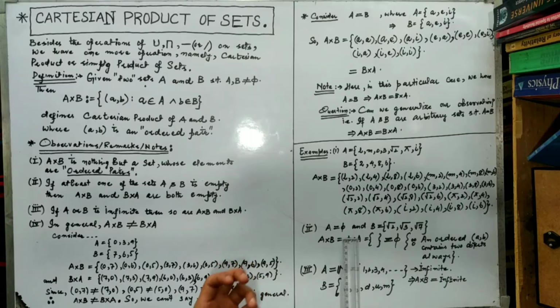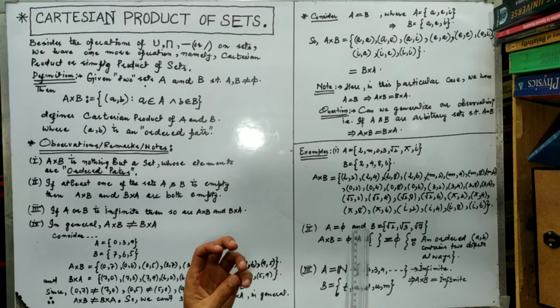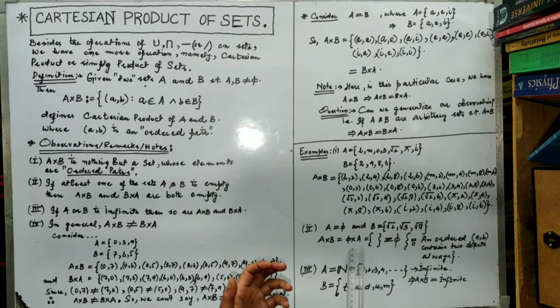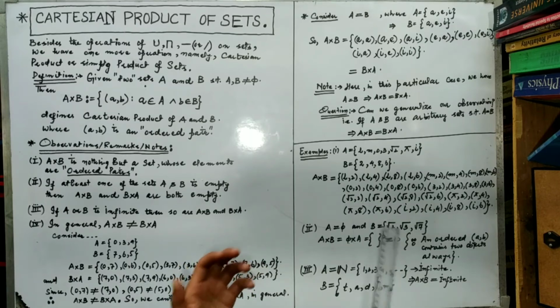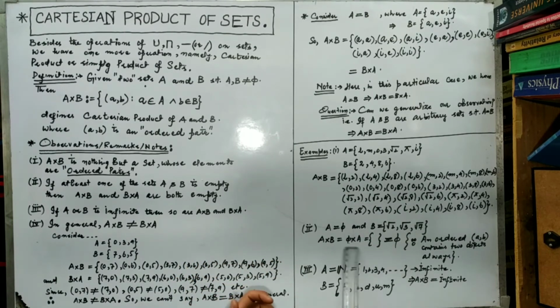It means that you can create an object whose one entry comes from the set B, but I'm not able to put any entry from the set phi because it is empty. So it is not possible to make ordered pairs after applying the Cartesian product to a situation where one of the sets is empty. That is why A cross B is equal to the empty set.